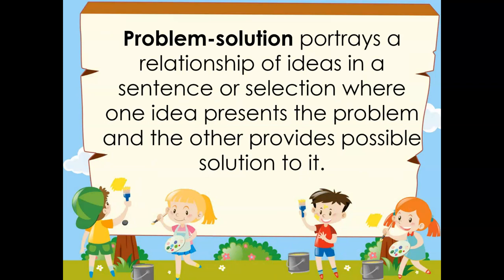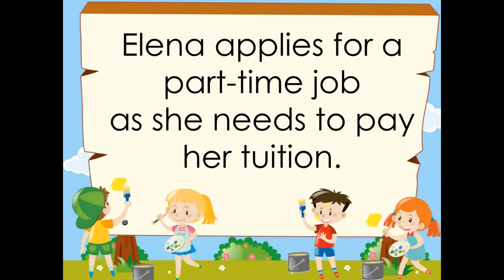Problem and solution portrays a relationship of ideas in a sentence or selection where one idea presents the problem and the other provides possible solutions to it. Okay, so for example, Elena applies for a part-time job as she needs to pay her tuition.